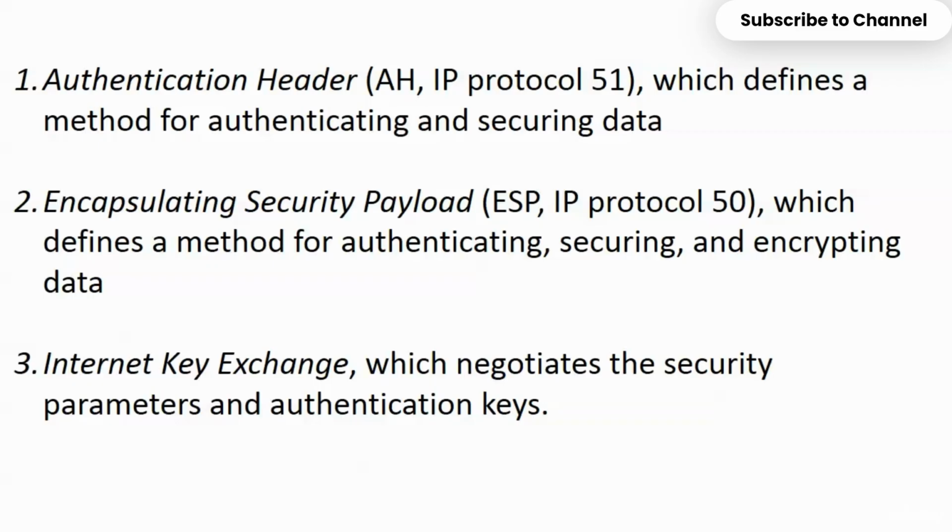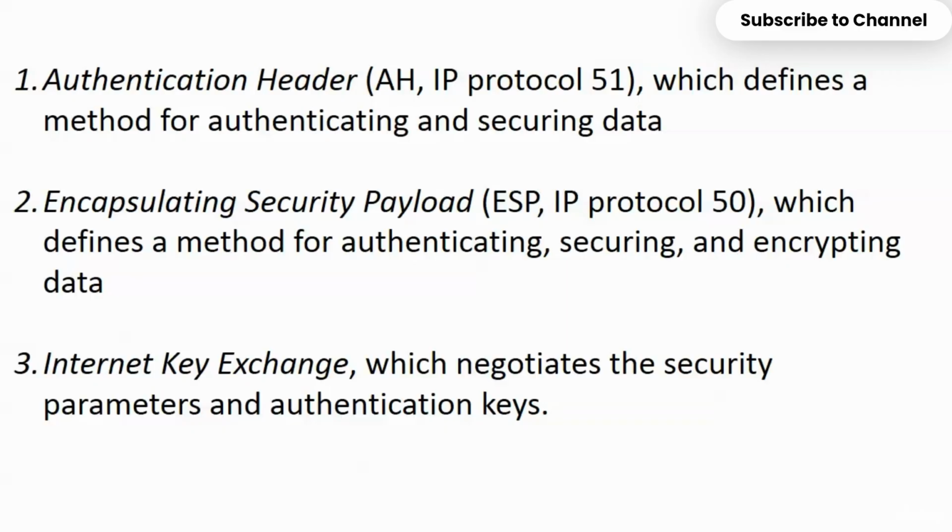The first one, authentication header, usually referred to as AH or IP Protocol 51 or just Protocol 51. I think you should know the AH and ESP numbers because I've seen Cisco documentation and some non-Cisco VPN material that make a lot of references just to the numbers. So AH defines a method for authenticating and securing data.